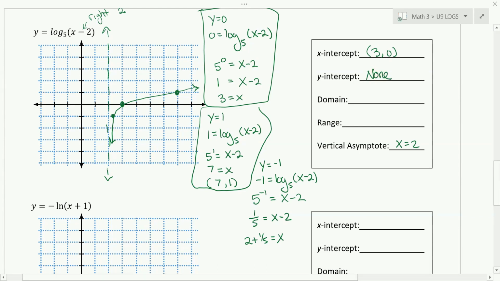What would the domain be here? Starts at 2. It always starts at your vertical asymptote. So whatever number you're getting for your vertical asymptote should match the first x value in your domain. And the range is always negative infinity to infinity.